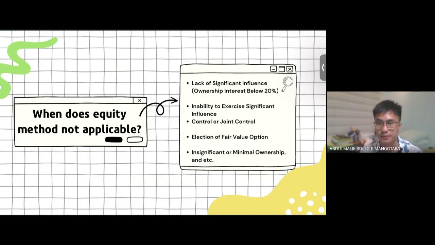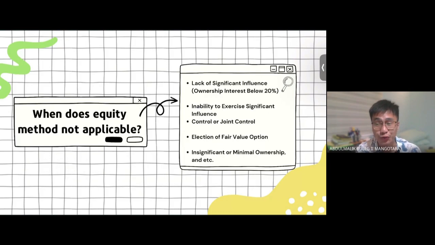For instance, in some financial institutions, regulatory requirements may dictate a different accounting treatment for certain investments. So take note of those circumstances under which the equity method does not apply.